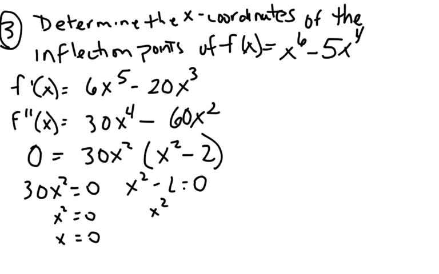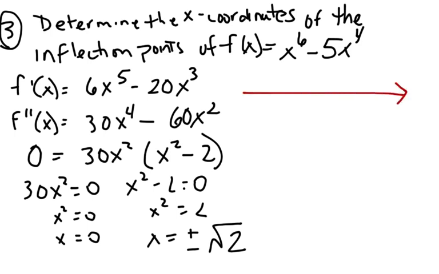And I get x squared equals 2, which means x equals the positive or negative square root of 2. So, if I draw my number line here, I'm looking at 0, positive square root of 2, and negative square root of 2 as being potential inflection points.